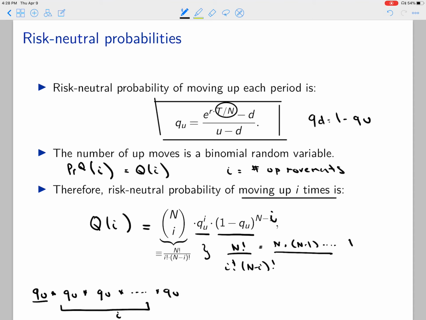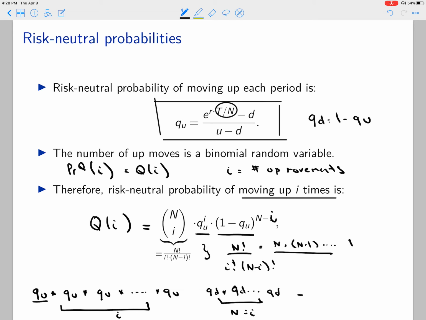And let's say the probability of moving down n minus I times in a row after that is equal to QD times QD all the way out to QD. There are n minus I of these.